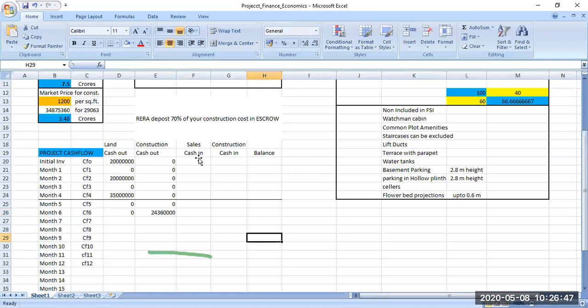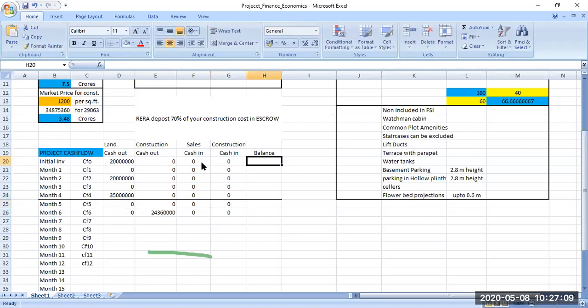So you can see that by this time, nothing has come to us. Our project is in negative. Okay. So if I was to take a balance here, we have a negative balance for our project. Till 6 months, we have just gone out of pocket. How to calculate the balance?